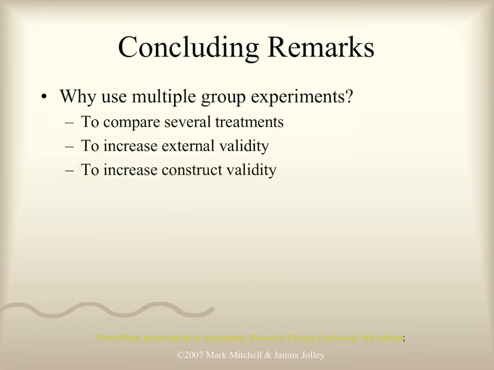Sometimes we want to do it to increase construct validity. So for instance, we want to see, is this really the drug or is it people's expectations about the drug? So we want to differentiate the drug itself from how people feel about a drug. And so to do that, we might use a placebo control group versus an empty control group.